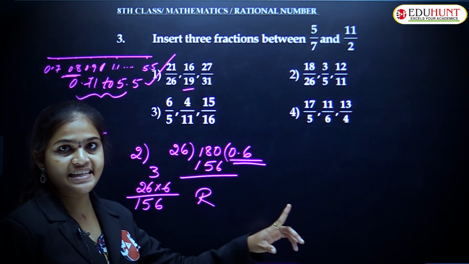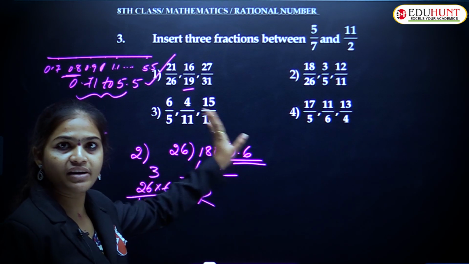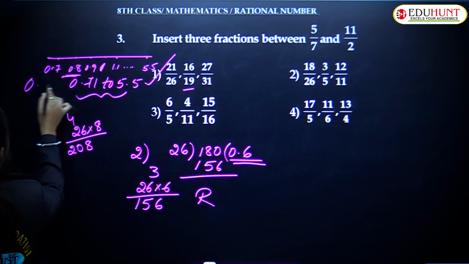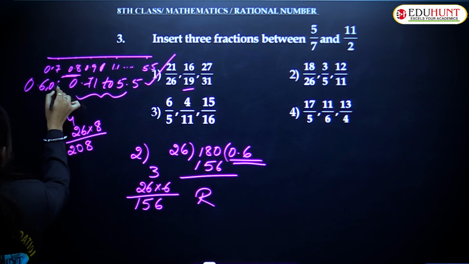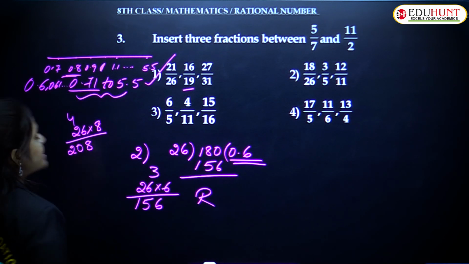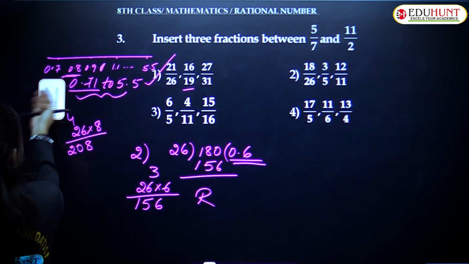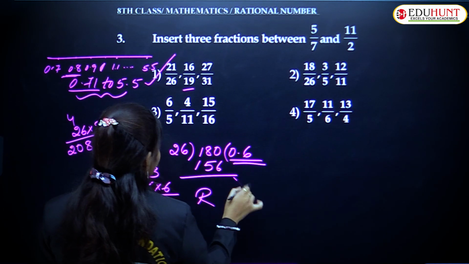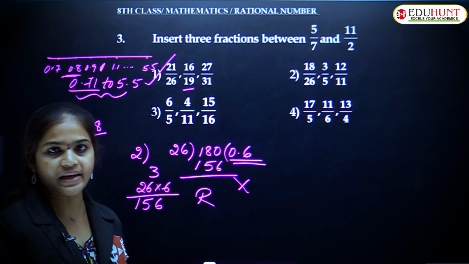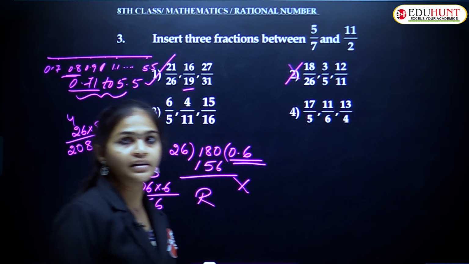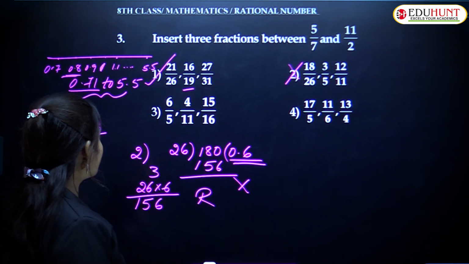So does 0.6 lie in between 0.7 and 5.5? No, that is less than 0.7. So 0.6, 0.61 and so on. After 0.71 we will get it. So that's why here 0.6 is the wrong statement. So this is not satisfying. So the second option is not satisfying.